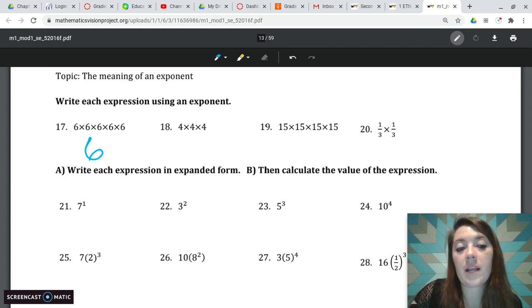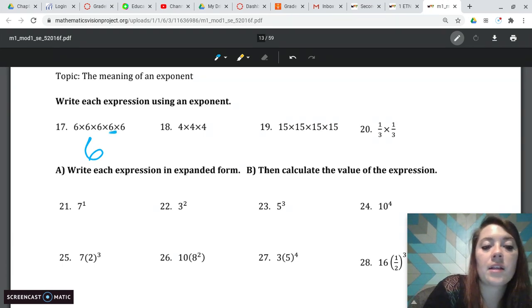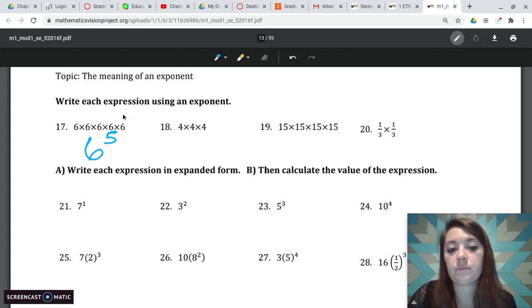So we're going to write a big 6. Then we count how many there are. So 1, 2, 3, 4, 5. So that means that for our exponent, we're going to do 6 to the 5th. That's all you have to do in writing an expression using an exponent. It looks just like this. Base number, which is the one that's being multiplied all those times, to however many there are.